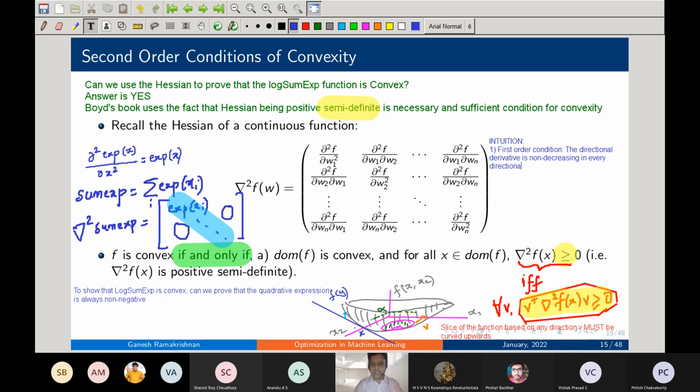Did anyone manage to write this expression? Hello, some response?